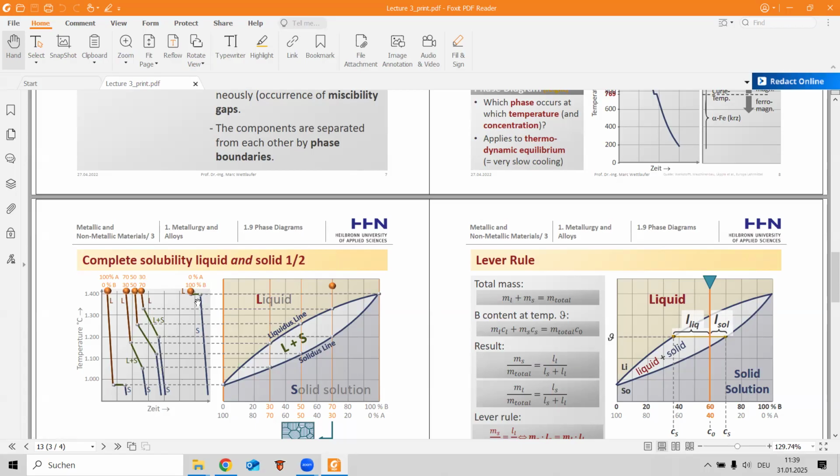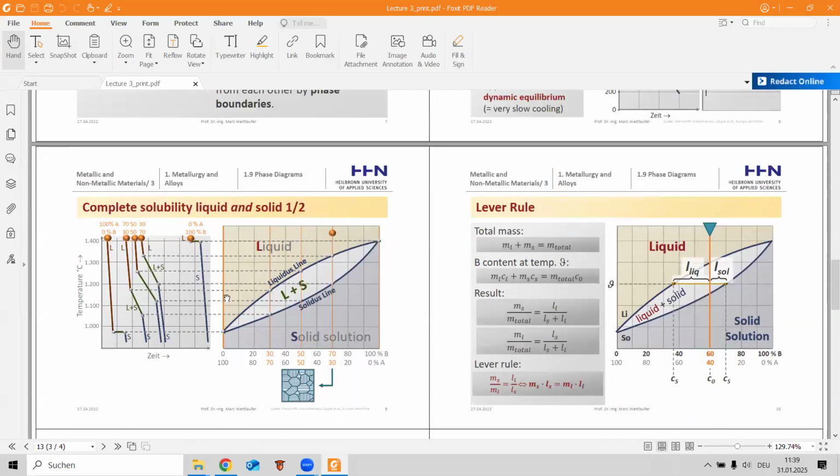And from these plateaus and transition points, we can construct a phase diagram for complete solubility, liquid and solid, with a liquidus line and a solidus line constructed using these transition points or plateaus.